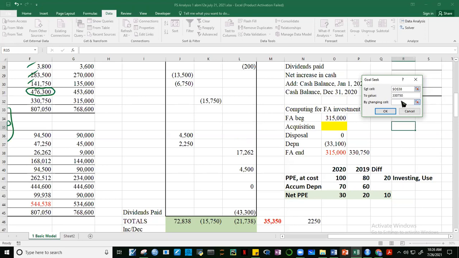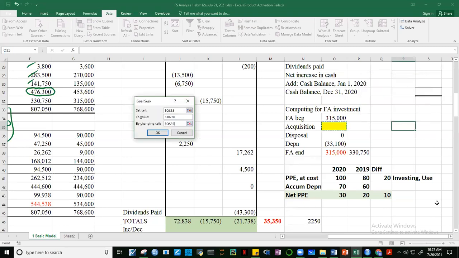Okay? And then by changing what cell? Acquisition. Okay? So ang gagawin ni Excel, automatic niya nasusolve ang acquisition so that the fixed asset end should be 330,750. By changing acquisition. Okay?